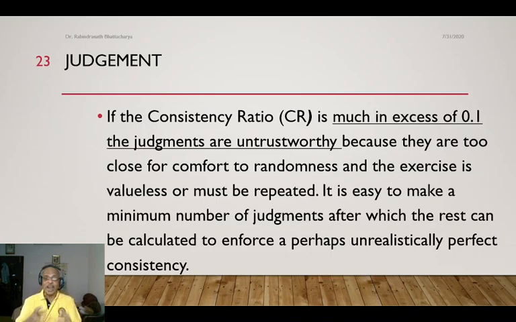Now, after forming the matrix, it is necessary to check whether this is consistent or not. That means whether randomness has been taken into consideration or not. Am I comfortable with the randomness? If it is not, then the exercise is valueless or must be repeated.